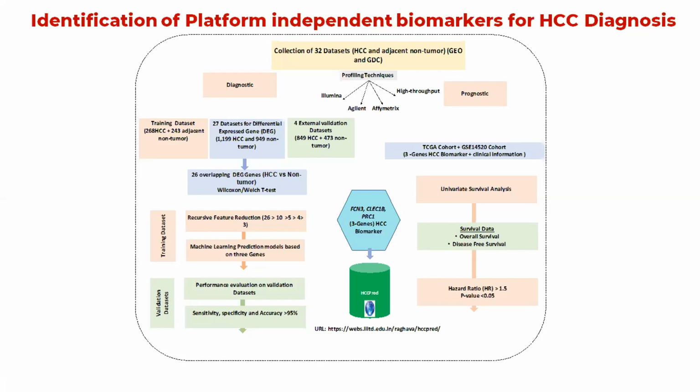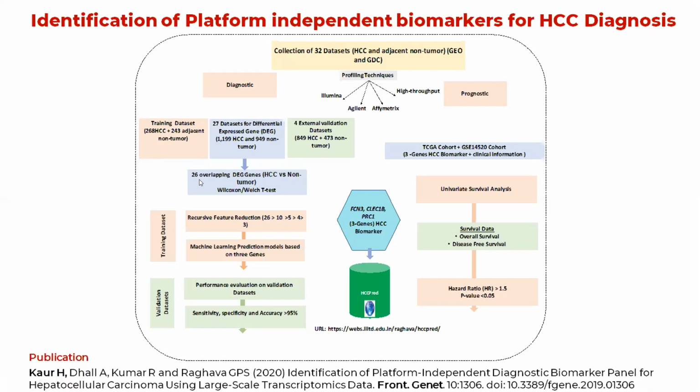First of all, we performed differential gene expression analysis on each of these datasets using Wilcoxon and Welch t-test. So we have obtained 26 genes that were found to be significantly differentially expressed in all these 27 datasets.